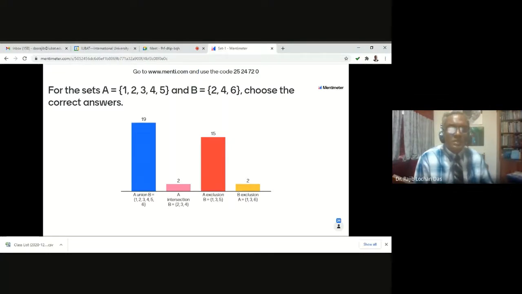This is correct. And A minus B, which means A excluding B, is also correct: 1, 3, 5. The other two, pink and yellow, are wrong. So that is the correct answer for the second question.